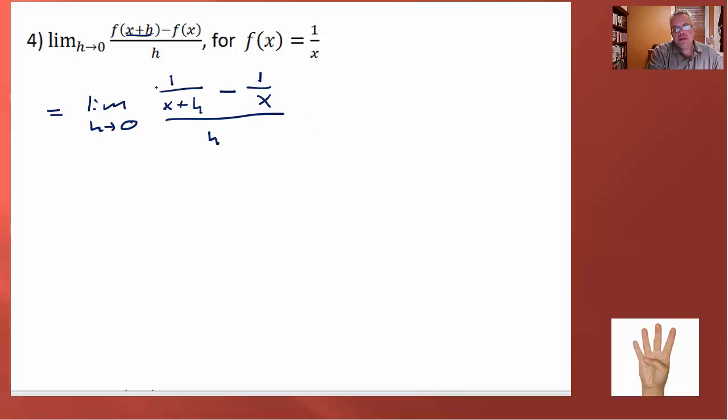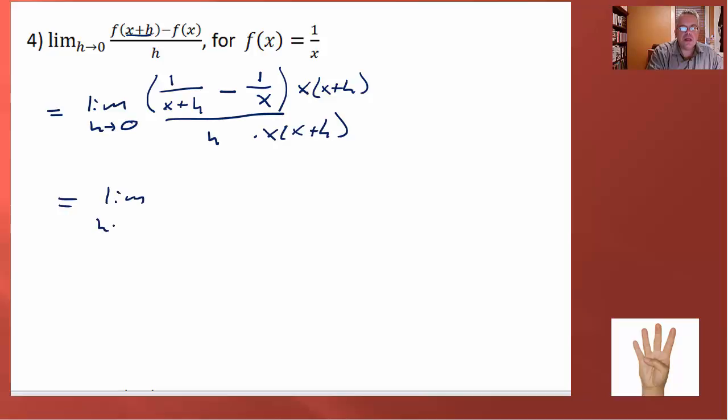Okay, well, easiest thing to do is get rid of the denominators here. So we're going to multiply by x times x plus h. I just multiply the two denominators and I get a common denominator. And I have to multiply this down here by the same thing. So times x plus h. So we get the limit as h approaches 0. The denominator is easy because I'm just copying it.